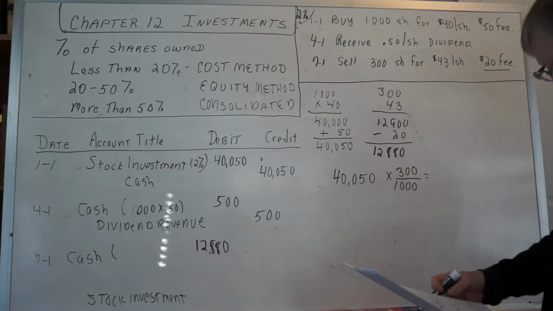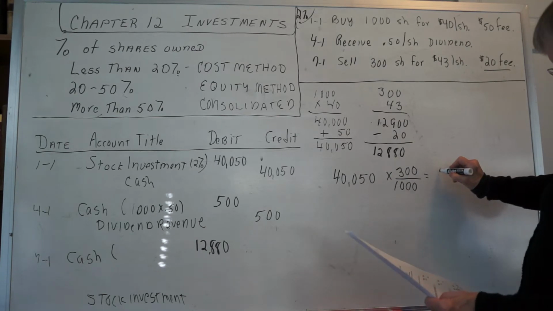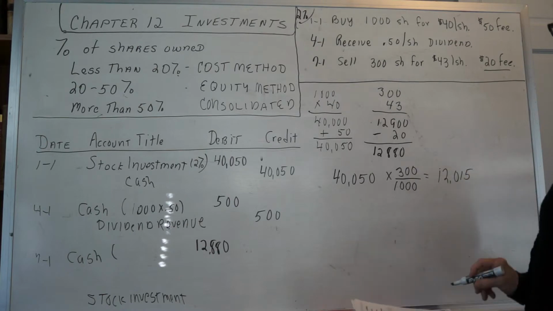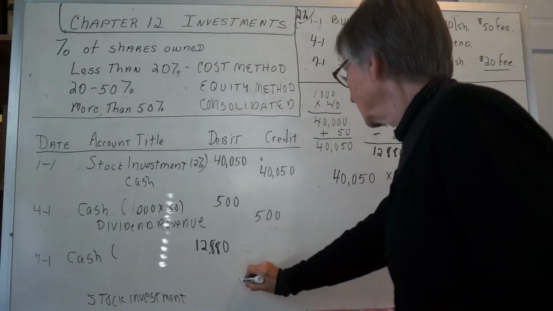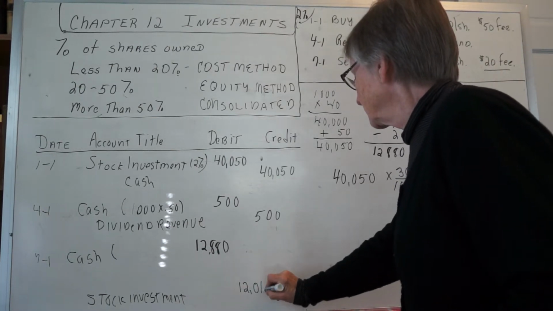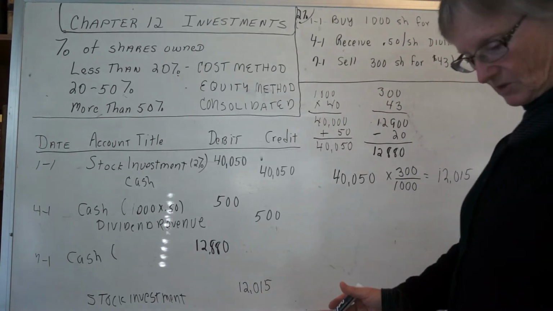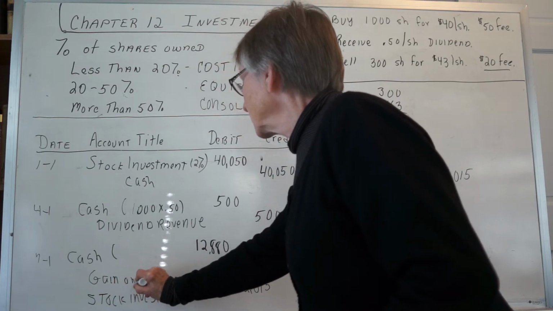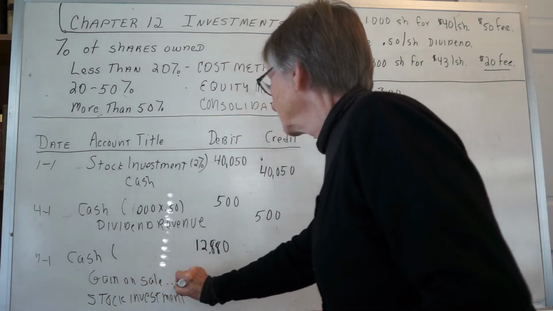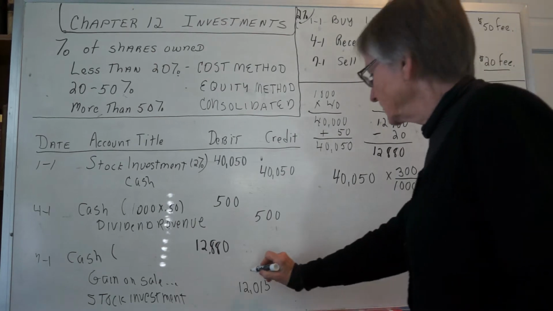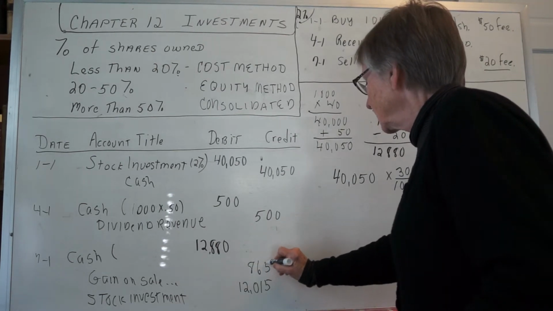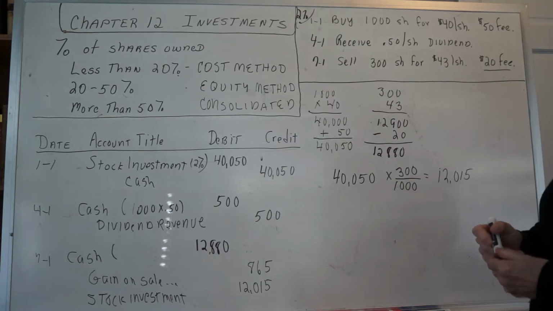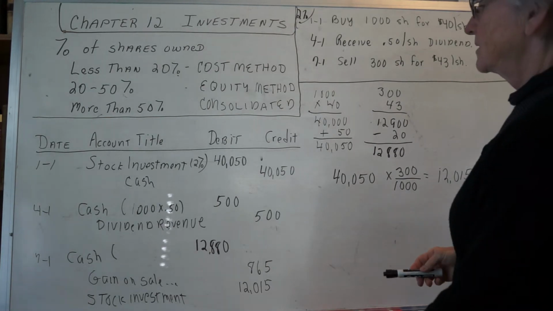And that gives us the cost base of what we sold, which is $12,015. Okay, so that's the cost base of the shares we sold. And then the difference, in this case, will be a gain on the sale of stock investments, of the difference, which I believe is $865.